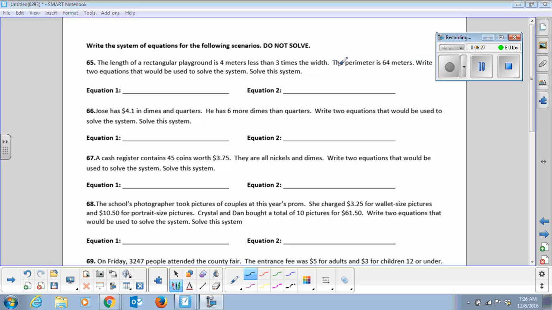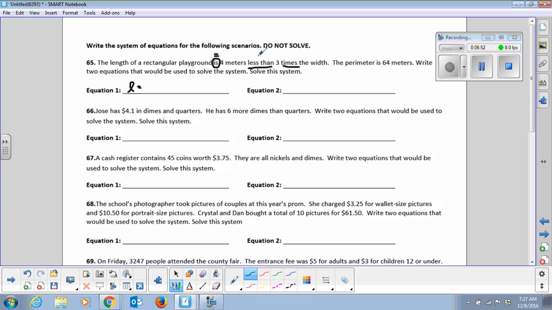So the first part is I want to just take that first sentence and make that into one of my equations. So it says the length, that's an L, of a rectangular playground is 4 meters. Every time you see is, it's going to be equals, and it says is less than, and that'll be an inequality. So L equals 4 meters less than 3 times the width.